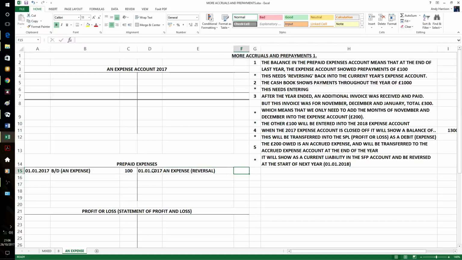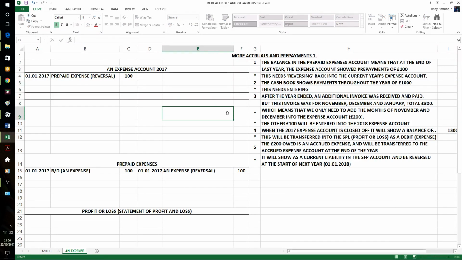Just reverse it basically. One credit, one debit. So that's the reversal done on the first day of the financial year.